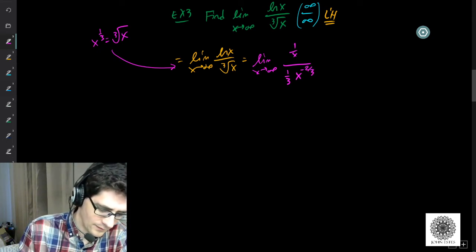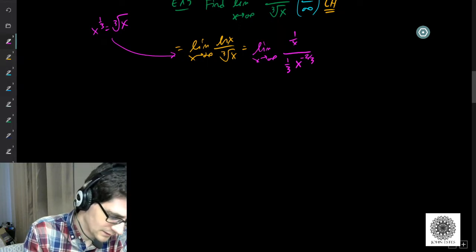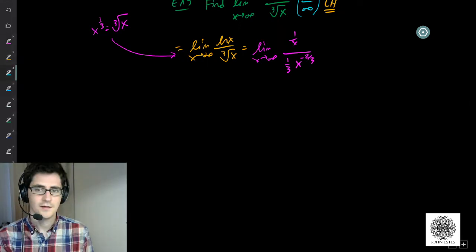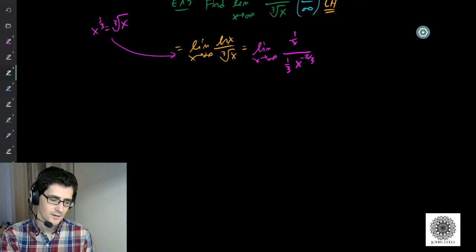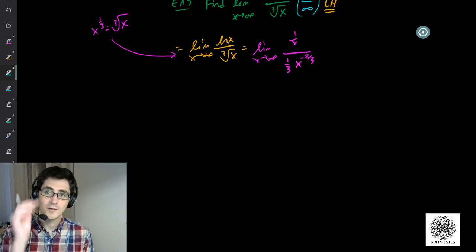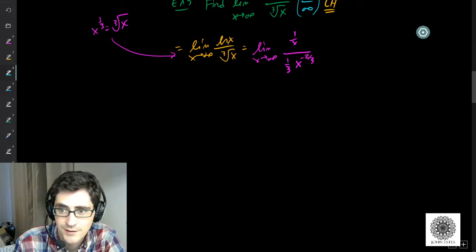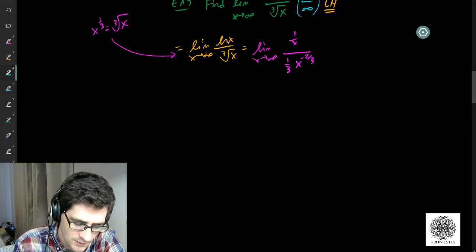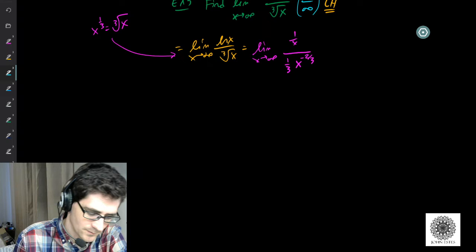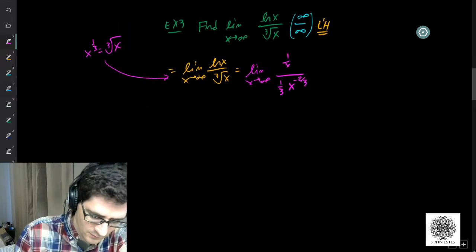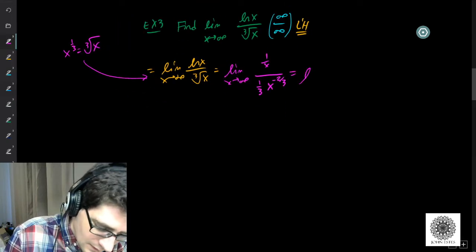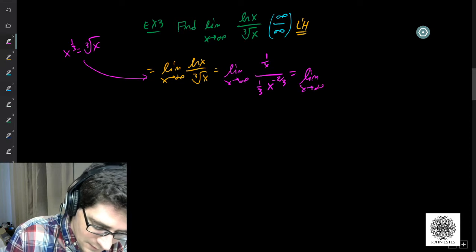Now I just have to simplify this, and the way you do that is by remembering dividing by a fraction is the same as multiplying by its reciprocal. So this 1/3 is actually 3, and what about the power? Let's clean this up a little bit before we evaluate this. That's the limit as x approaches infinity.